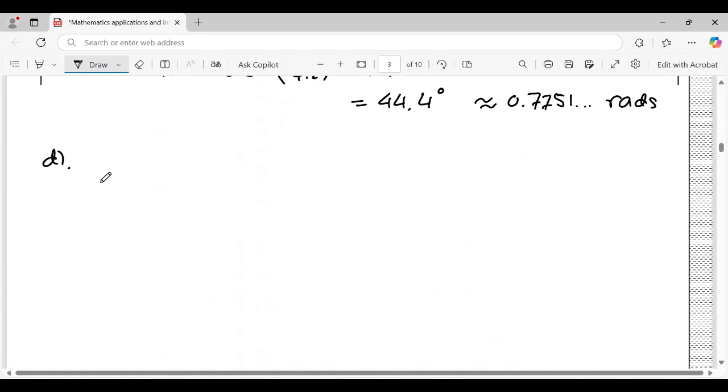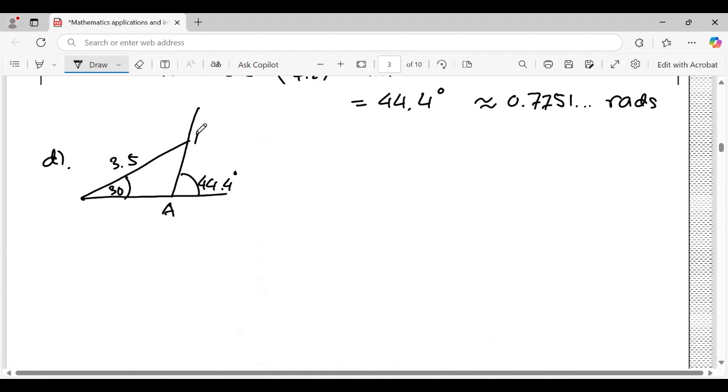So I would like to sketch this: this is 30, this is 3.5, and this is 44.4 degrees.